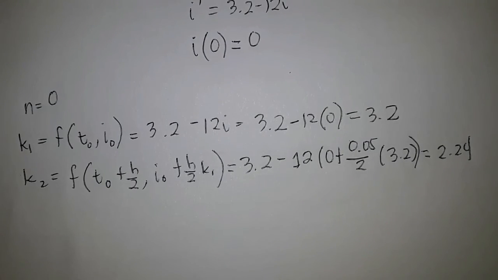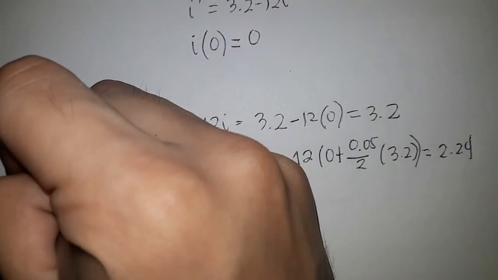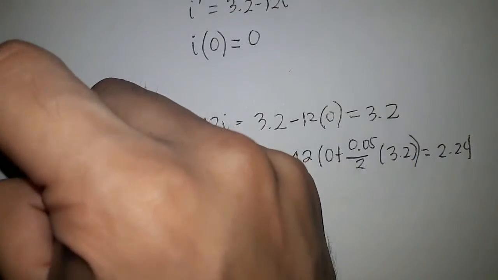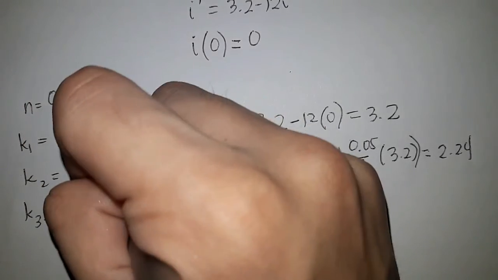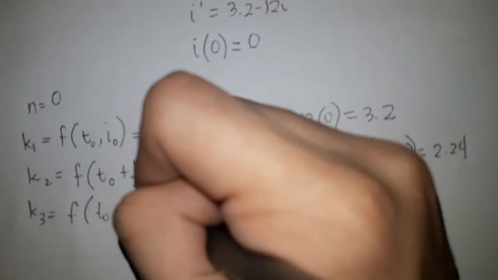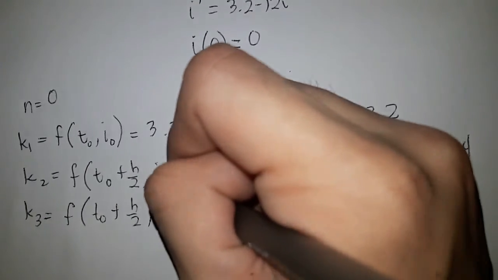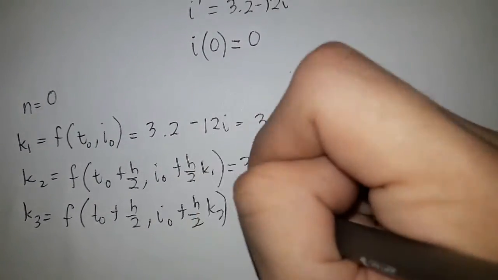So let's now solve for the value of k3. We all know that k3 is equal to the function of t sub 0 plus h over 2, comma I sub 0 plus h over 2 times the value of k2.